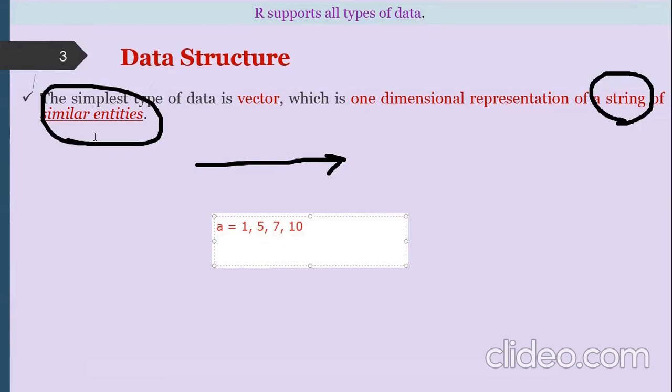A is a vector, it is one-dimensional, and it is a string, and these entries are similar entries. If we have similar entries in a one-dimensional string, we will call that a vector.